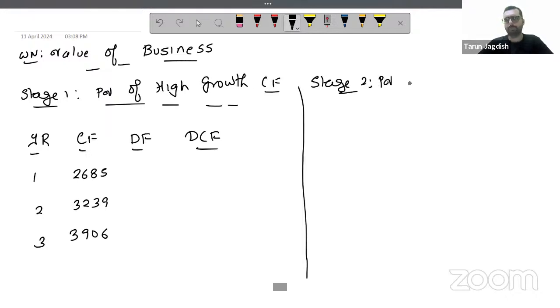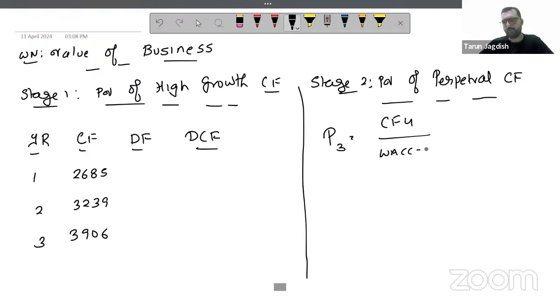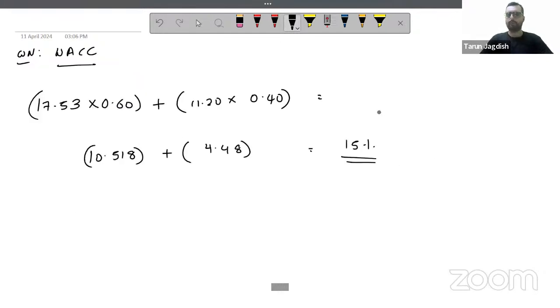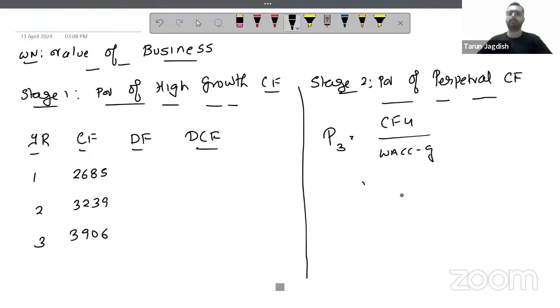Stage 2, present value of perpetual cash flow. So P3 will be equal to cash flow 4 divided by WACC minus G. So cash flow 4 is going to be how much over here? 5360 divided by 15% minus you have a stable growth rate of 8%.